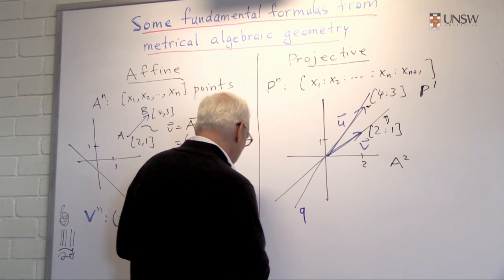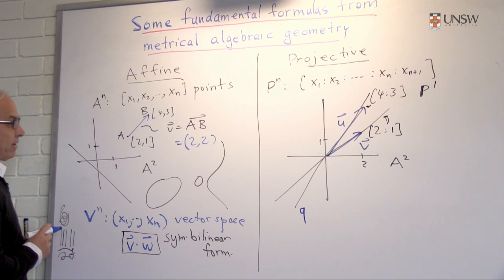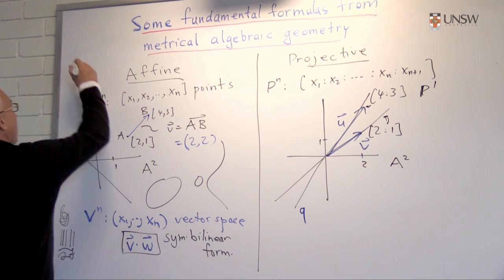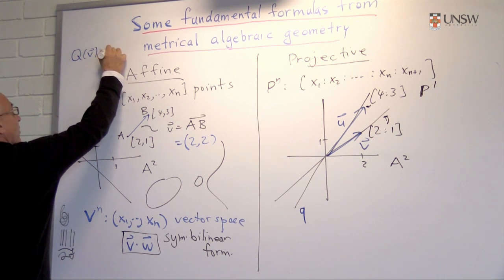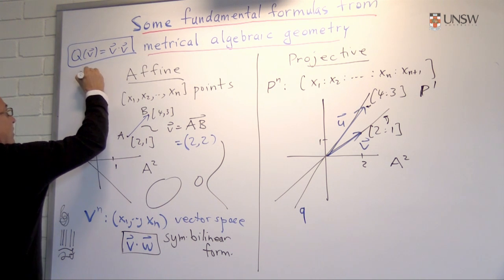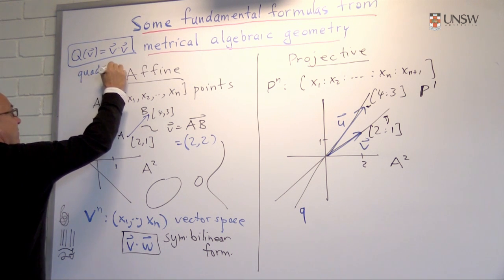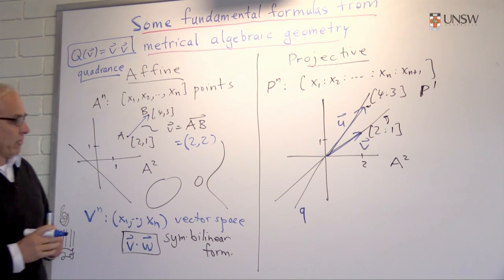So let me introduce notions of quadrances. Maybe I'll start on this side. So I want to get this all on one board. So maybe I'll write up here. So the quadrance of a vector v is v dot v. So that's the main metrical measurement that we get, the quadratic form associated to a symmetric bilinear form.